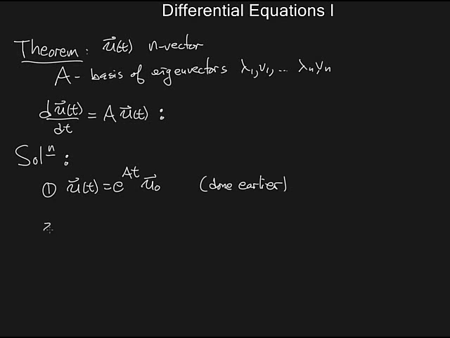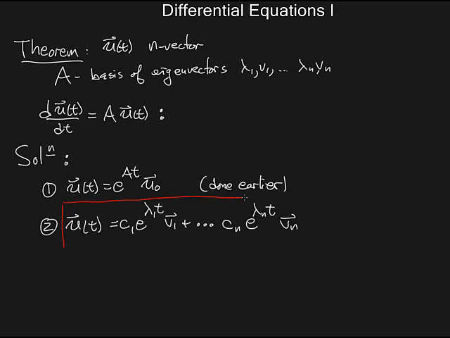That's what we did before. But now this is the new thing. Here's another way to write this. It's a linear combination of these exponentials, c1 e to the lambda 1 t times v1 plus dot dot dot and cn e to the lambda n t times vn.